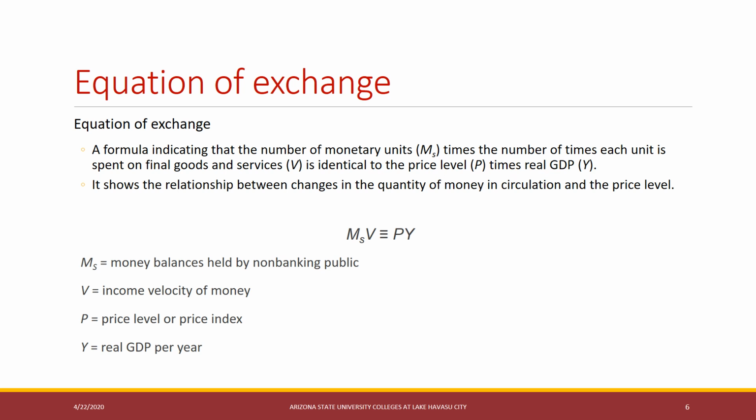The equation of exchange is a formula indicating that the number of monetary units, that is MS, times the number of times each unit is spent on the final goods and services, that is V, is identical to the price level P times the real GDP, that is PY. Price level is P and Y is the real GDP.